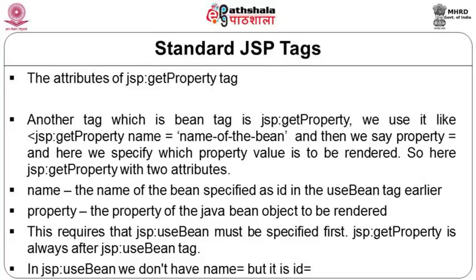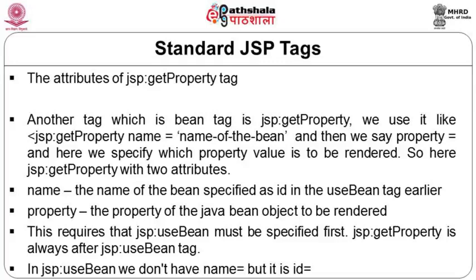But when we say jsp:getProperty, we say name equal to, which is nothing but the name of the bean, and then property equal to, where we specify which property's value is to be fetched. So, jsp:getProperty with two attributes fetches any value from the object.